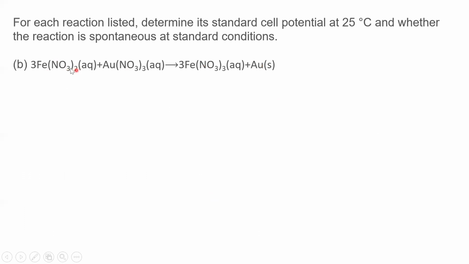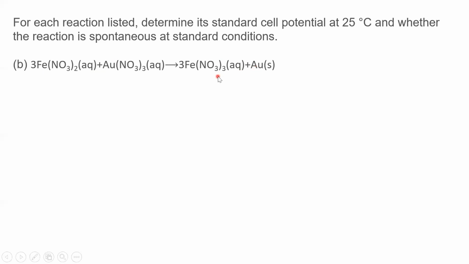Iron is going from a +2 charge to a +3 charge. So iron is being oxidized. That's what's going to take place in the anode compartment. The gold is going from a +3 charge to a 0 charge. So the gold is being reduced in this reaction, and that's what would take place at the cathode compartment.